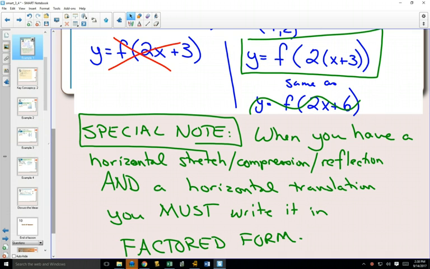It's moved to the left 1.5, right? In this case on the left, because it's not factored out. So you would have to factor the 2 out of the 3 first, and it would be x plus 1.5 in the brackets to describe it. So that's going to be something that's a little bit tricky. Okay, we are going to try some of these questions 4, 5, and 6 right now.